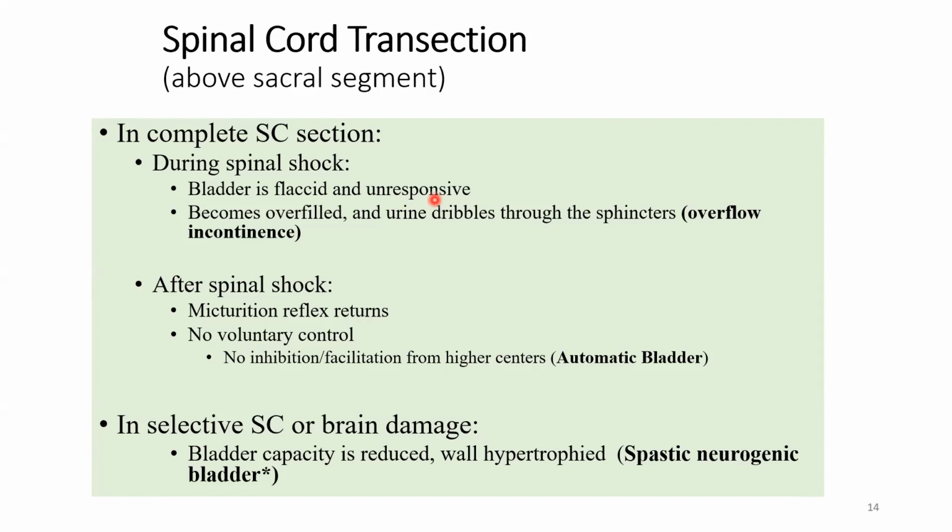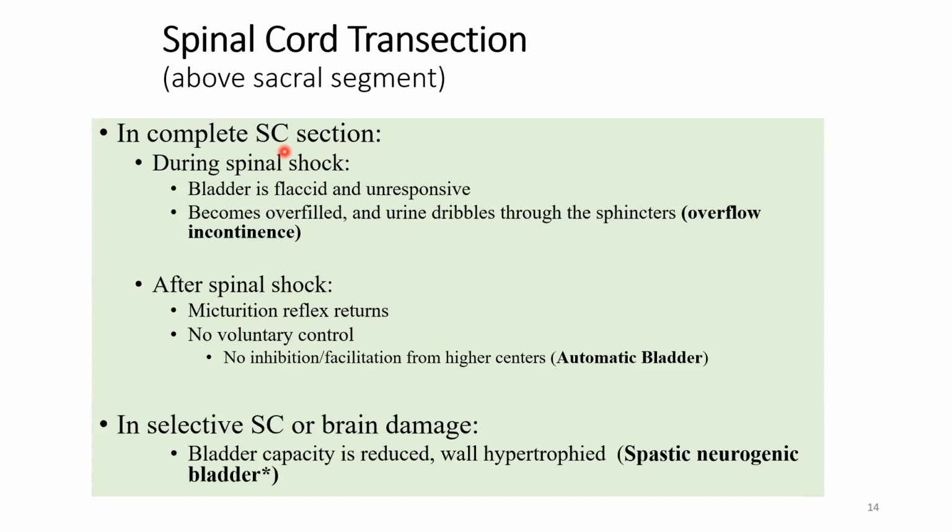However, after spinal shock is over, the micturition reflex returns. Now, you may ask, what is going on? We have a very serious injury to the spinal cord, and how come the micturition reflex will return? Well, the answer I've already given you is that this lesion is above the level of the sacral segment of the spinal cord, and the reflex is integrated in the sacral segment.